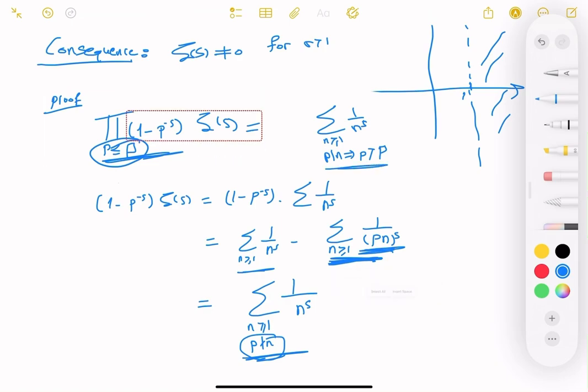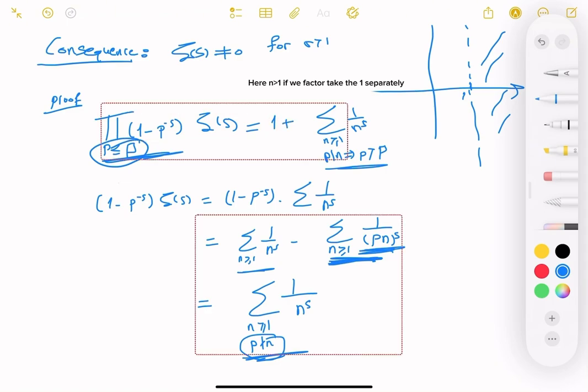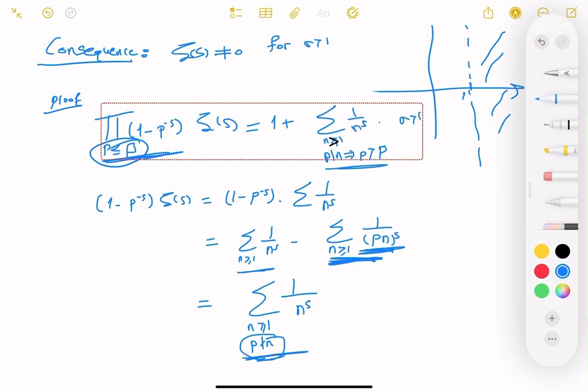However, remember we messed up, we missed the 1, so 1 is still not taken, so this is what we have. So this is valid for sigma bigger than 1. And the point is, this finishes it, so there's no need to talk more here.